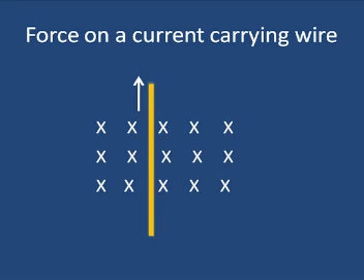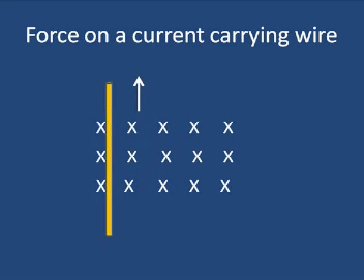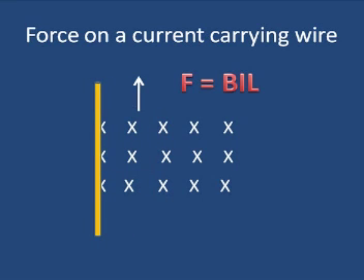So, with this diagram, your index finger points to the top of the screen, your middle finger's pointing into the screen, and your thumb points towards the left, and that is how it is pushed. The force is BIL. B is the field, I is the current, L is how much of that wire is in the field.